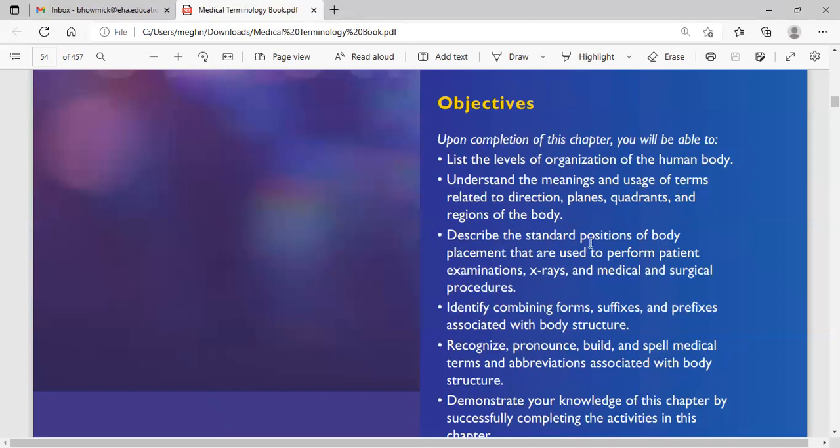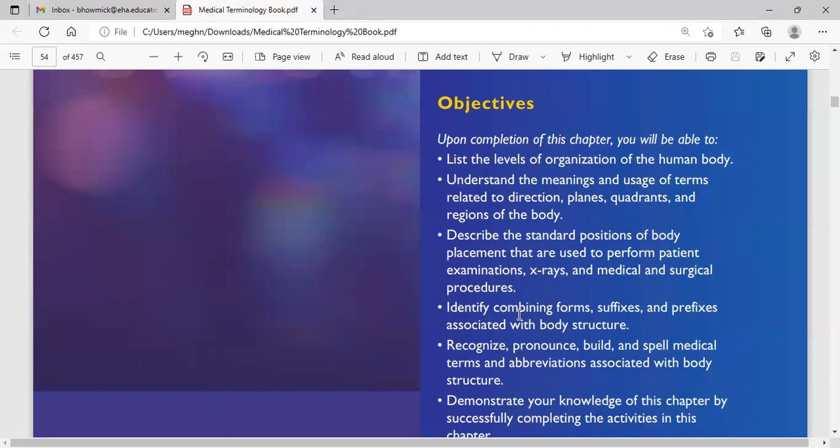Describe the standard positions of body placement that are used to perform patient examination, X-ray, and medical and surgical procedures.